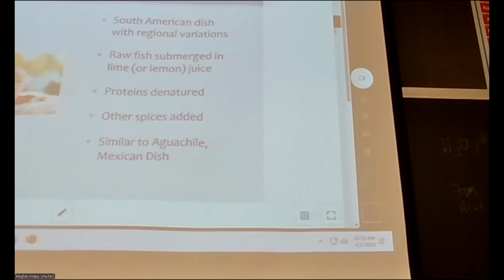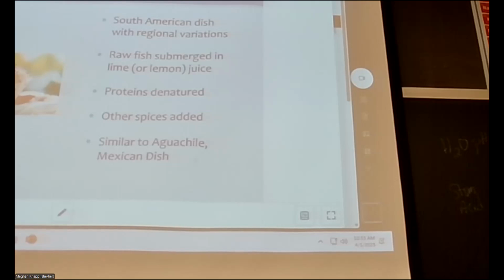Lime juice and lemon juice, remember, are among the strongest acids that we would ever consume. So they take the raw fish, submerge it in that juice, and that denatures the proteins in the meat.